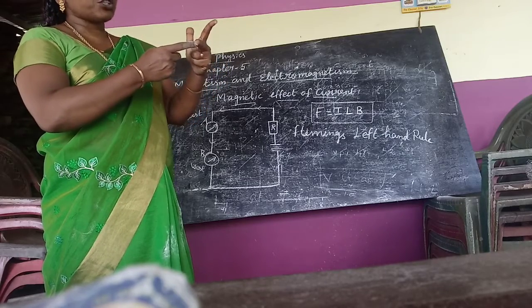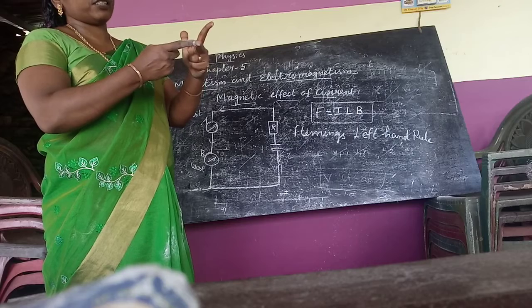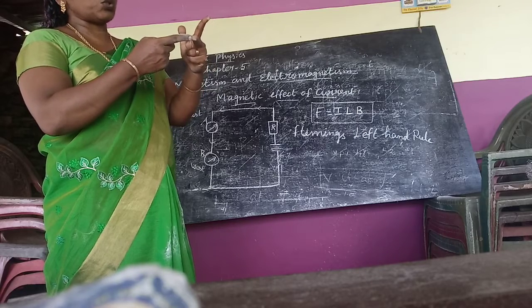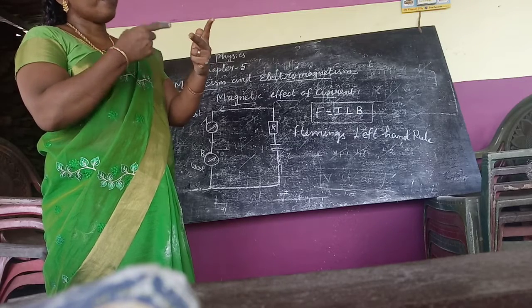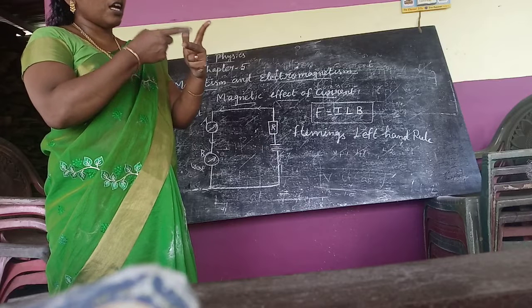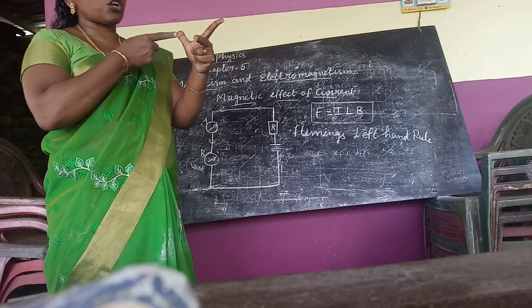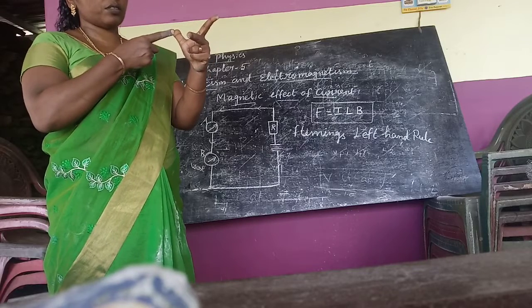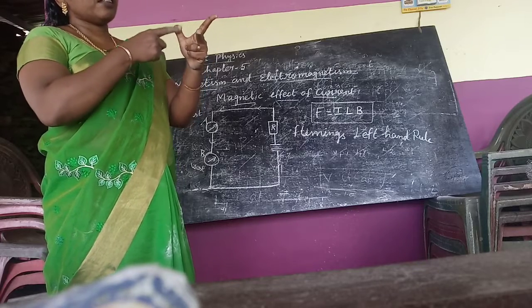The middle finger shows the direction of current. The second finger shows the direction of the magnetic field, and the thumb shows the direction of force on the conductor.